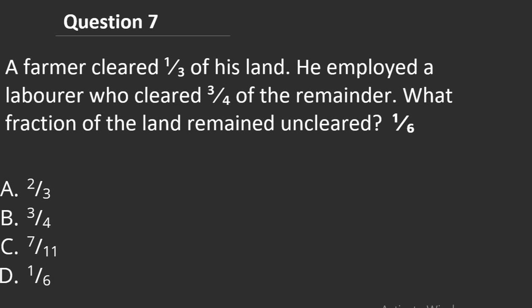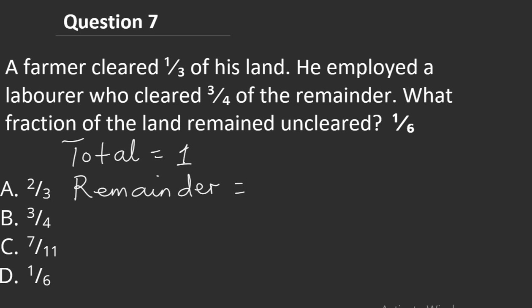Question 7. A farmer cleared 1/3 of his land. He didn't clear everything. For fraction, the total is always 1. Take note of that. So a farmer cleared 1/3 of his land. He employed a laborer who cleared 3/4 of the remainder. So we need to find the remainder.